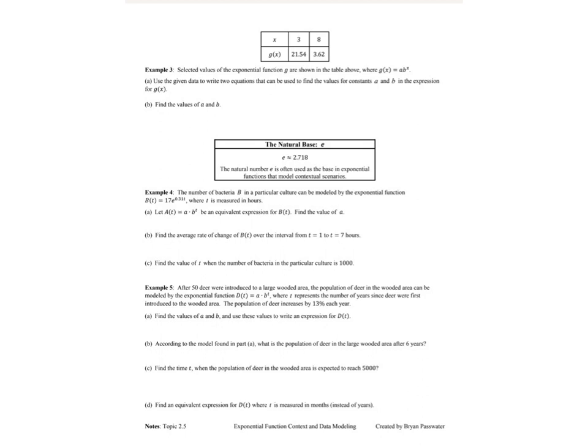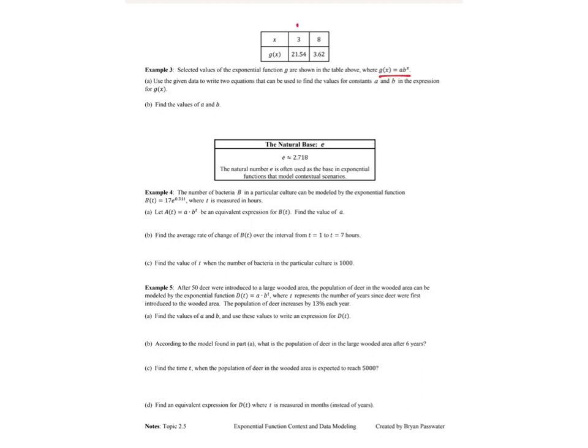It says selected values of the exponential function g are shown in the table, where g of x equals a times b to the x. Use the given data to write an equation that can be used to solve for the values a and b in the expression. So write two equations, okay? Well, g of x equals a times b to the x.